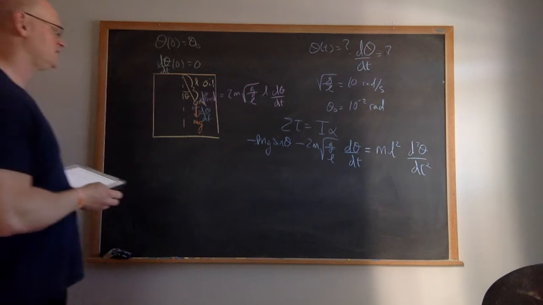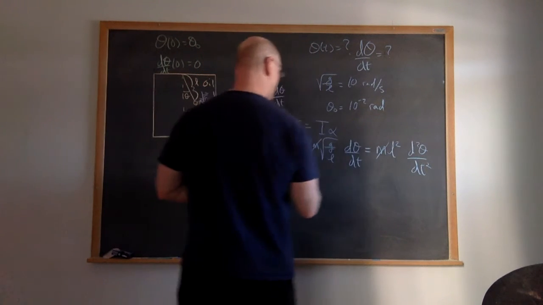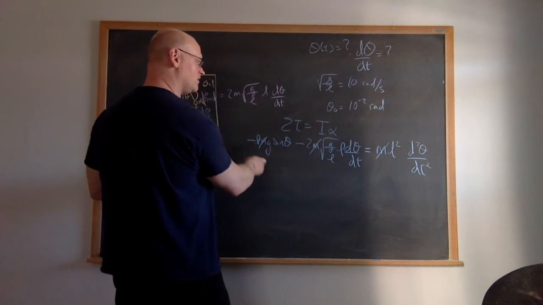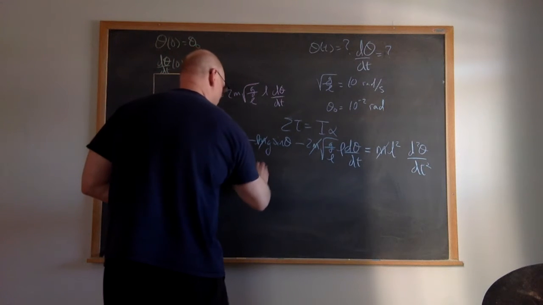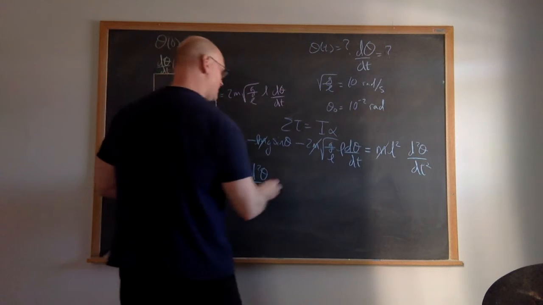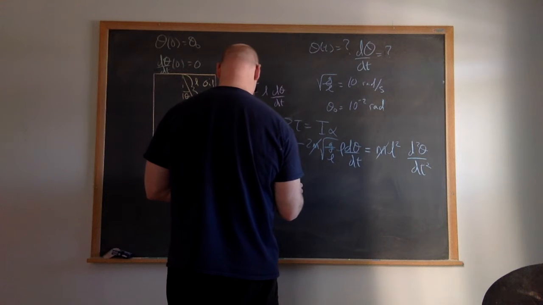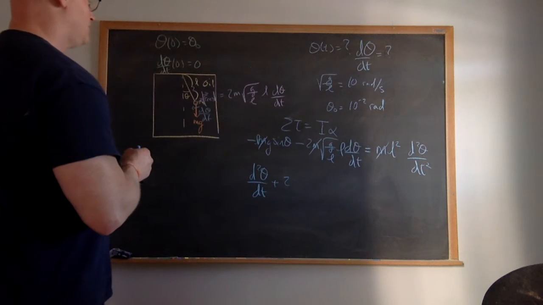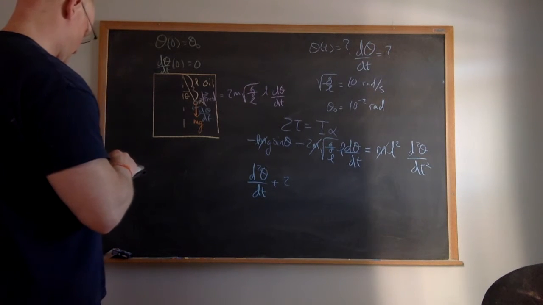Good, so from here, let's divide everything by mass, so that term is going to go away. Let's divide everything by L squared. Oops, forgot that L there. So this L is going to go away, this L will go away. So ultimately, this is going to become the second derivative of the angular position plus 2 times, make sure I get this correct, that's just a simple L, right?